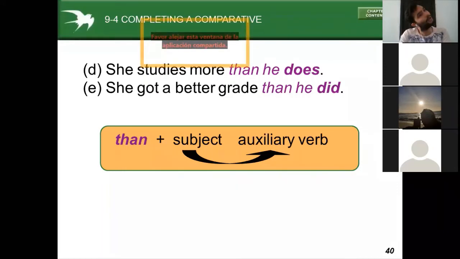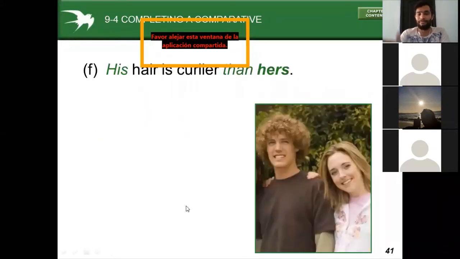She studies more than him. Than him. All right. Lo mismo en la segunda. She got a better grade than him. All right. That is the informal way.